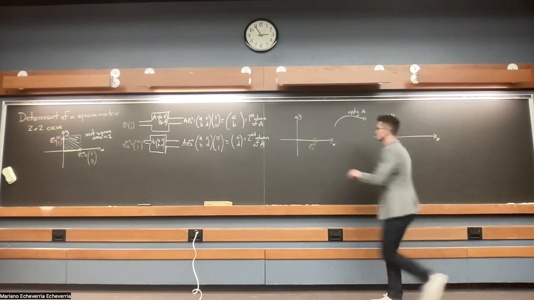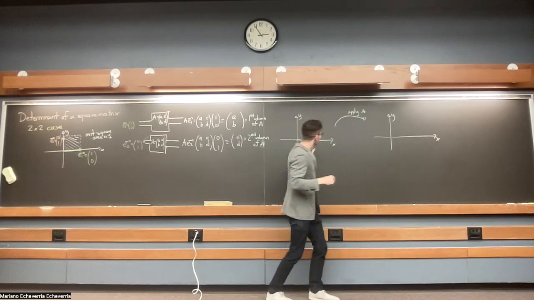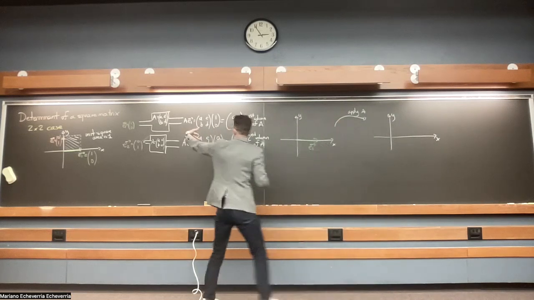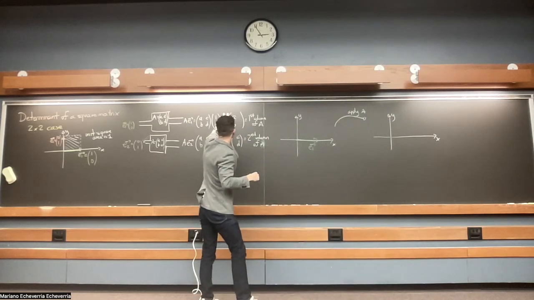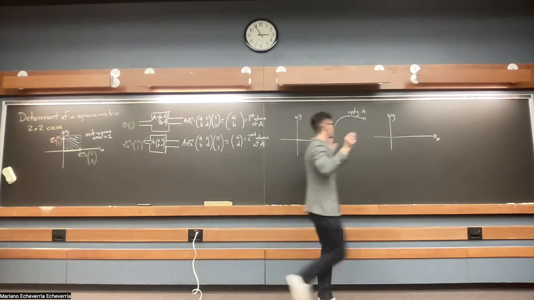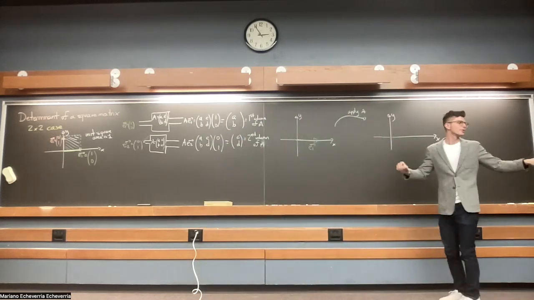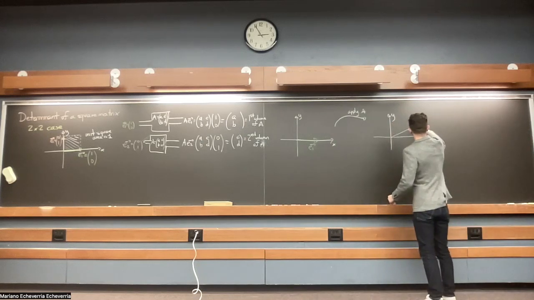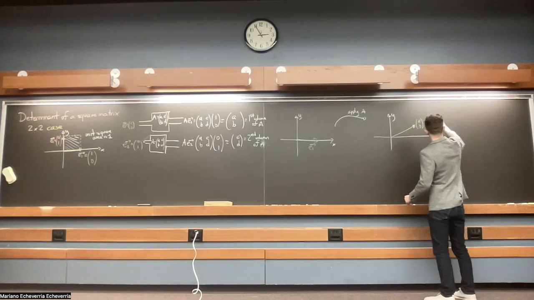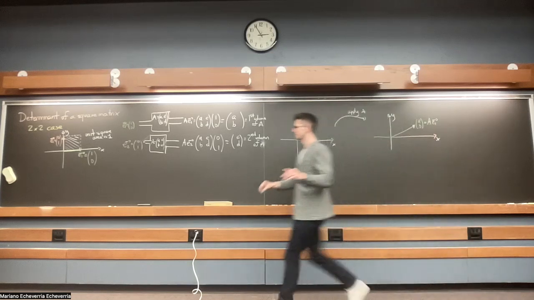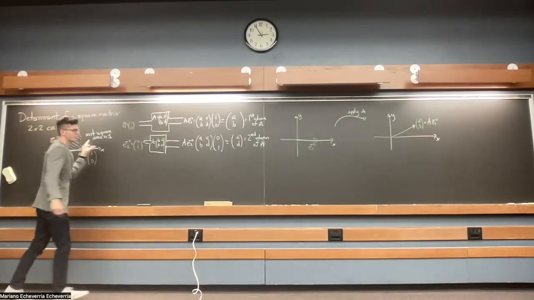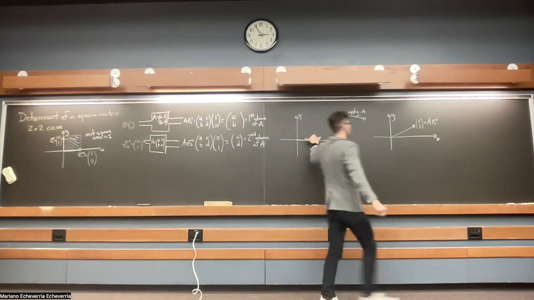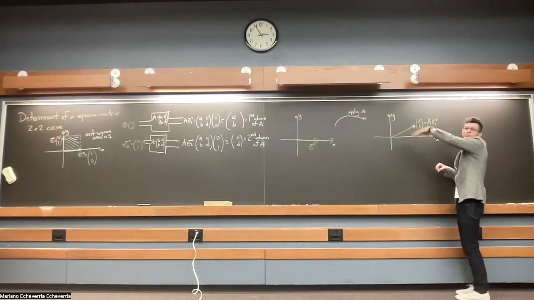Okay, so E1, we saw that if you feed this into the matrix A, if you apply the matrix A to it, you just get this vector, which is AB. I don't know where AB is going to be, so let me just draw it somewhere in the first quadrant, however it looks. So this vector was transformed to a new vector, which we don't know where it is.